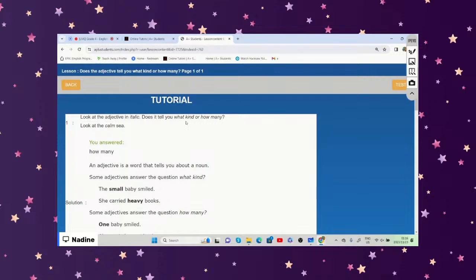Look at the calm sea. Look at the word calm. Does it ask us what kind, or how many?